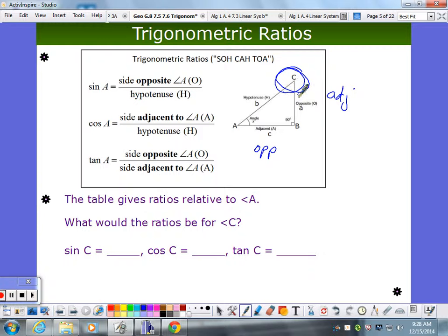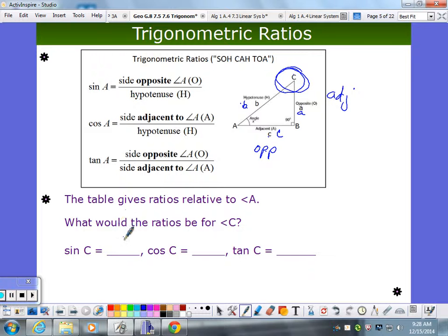So what is the sine of C? Oh, so this is side A, this is side B, this is side C. So what is the sine of C? Opposite over hypotenuse.